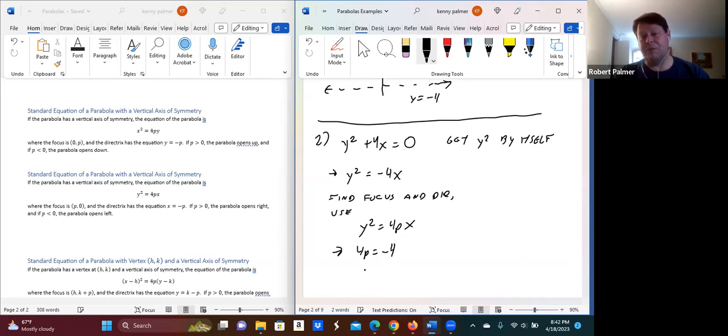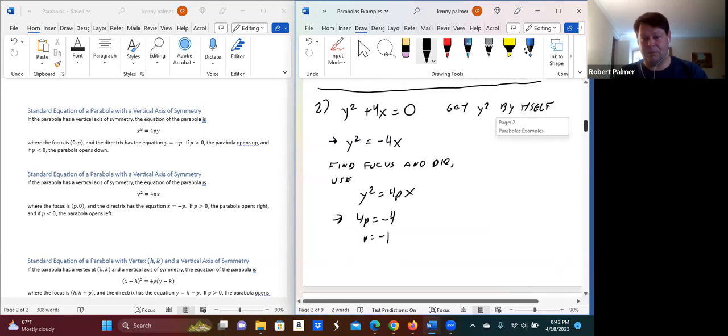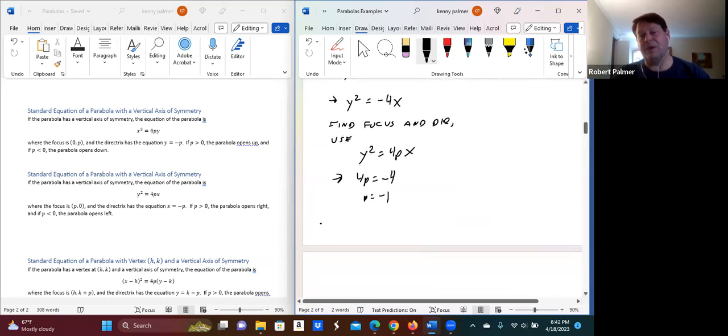And of course, solving for p, p is equal to -1. Also, if p is -1, this means the parabola opens to the left this time, since it's negative. So the focus is going to be (-1, 0).